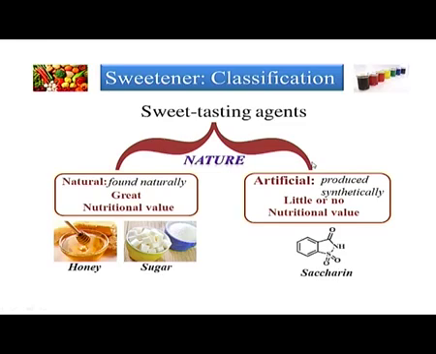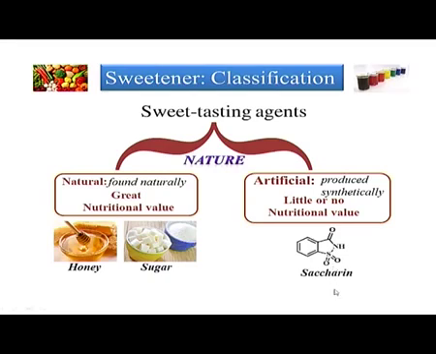But let us say you look at jaggery, for example, that is more natural in comparison. Then there is an entirely different class of compounds which is man-made and artificial. Nevertheless, they are also very sweet, and these are a class of artificial sweeteners.